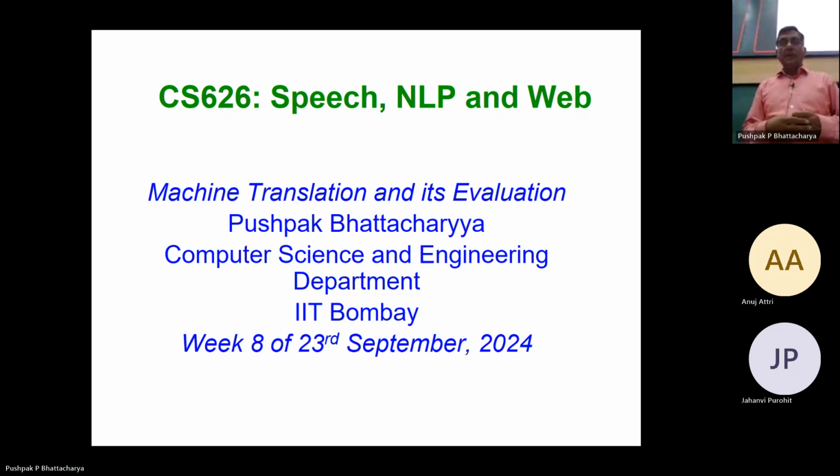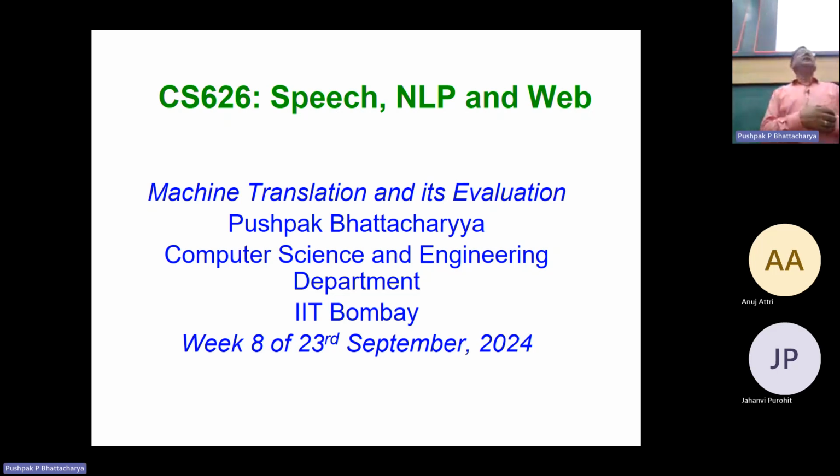Now, we started machine translation the other day, and machine translation will engage our attention for some time. This is really what is called the forcing function for natural language processing. Forcing function means if you try to tackle machine translation, almost all NLP problems will need to be tackled.